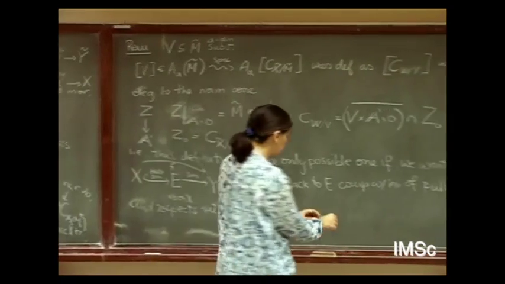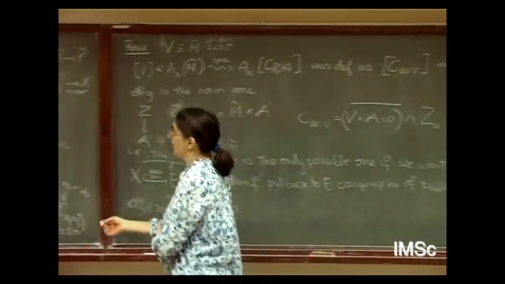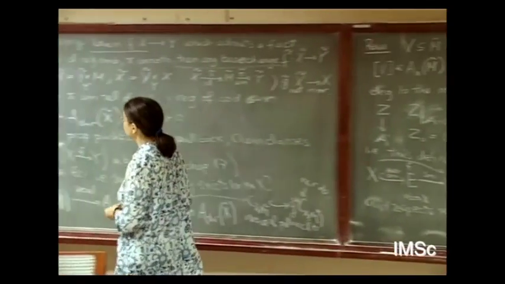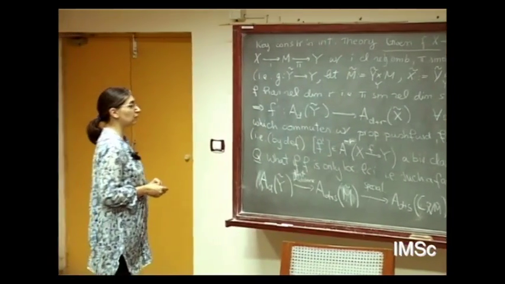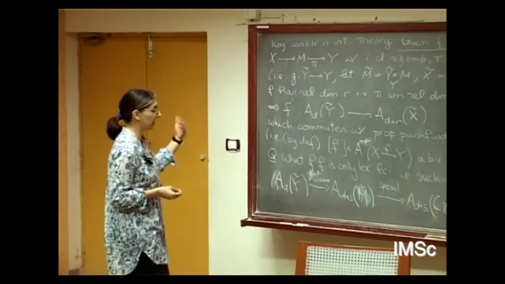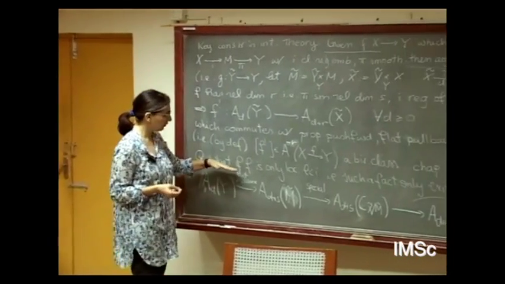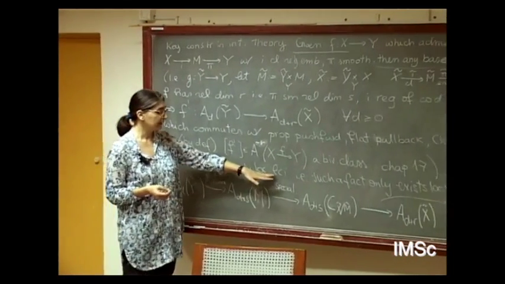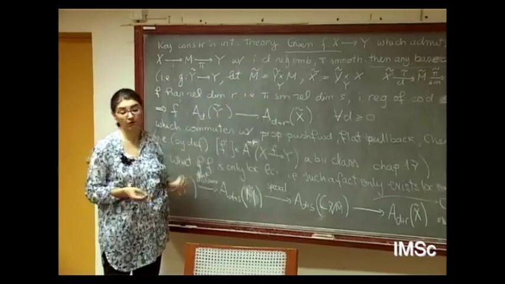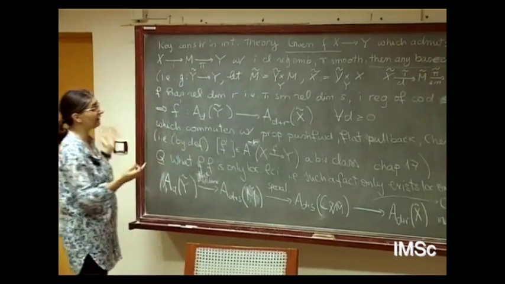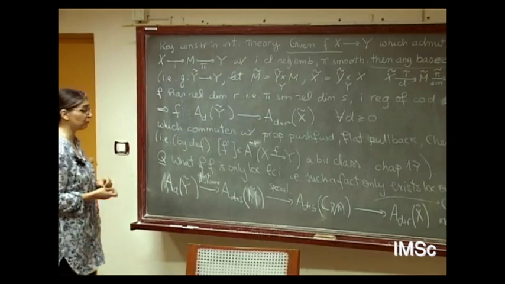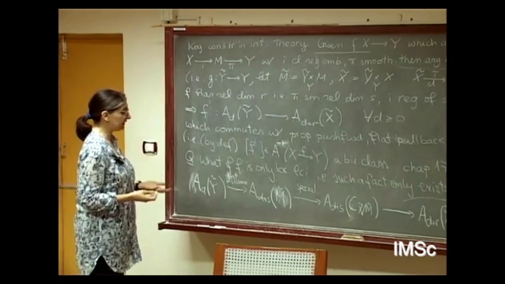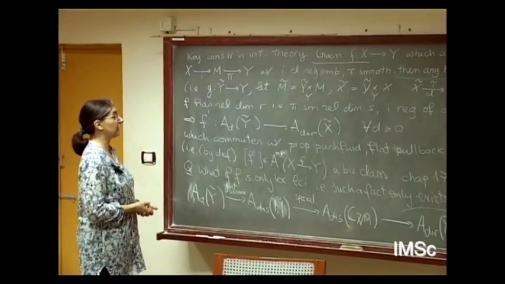Okay, so now you go back to this definition and you wonder. I already told you that one assumption which we may want to weaken is the existence of a global factorization. However, from this definition there is no obvious way to do so. However, there is another thing we can do.